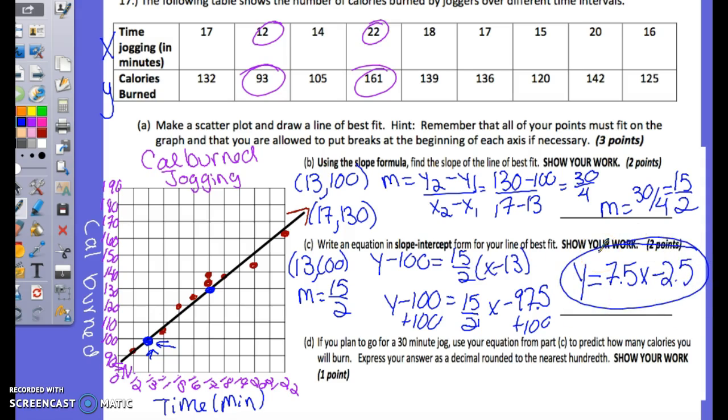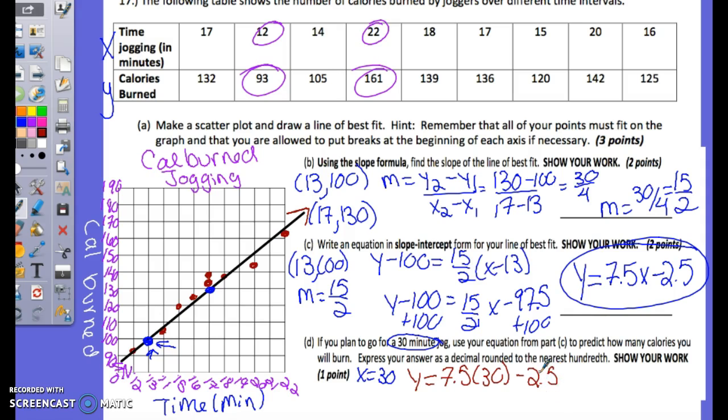Then for part D, if you plan to go for a 30-minute jog, that means that x equals 30. Use your equation to predict how many calories you would burn. So we're just going to plug 30 in for x. So you get y equals 7.5 times 30 minus 2.5.